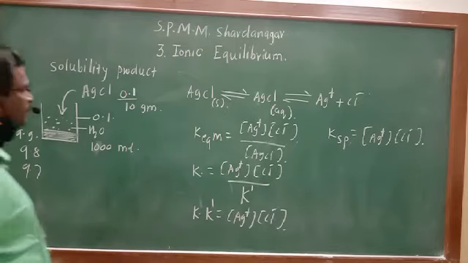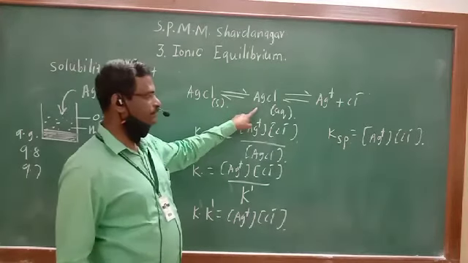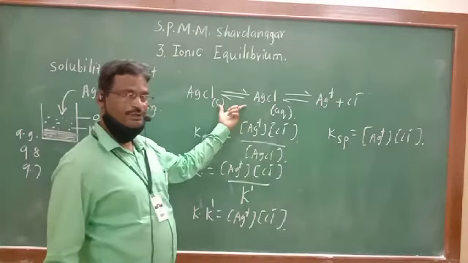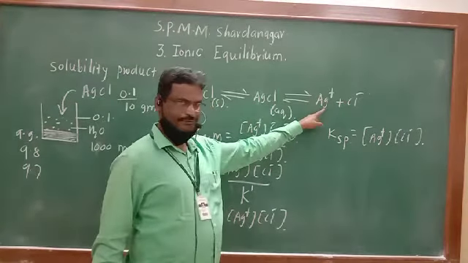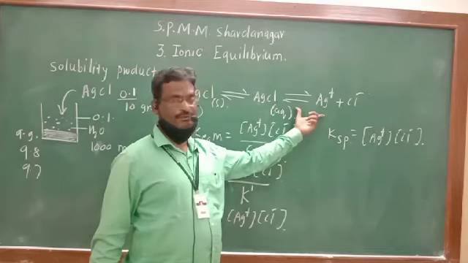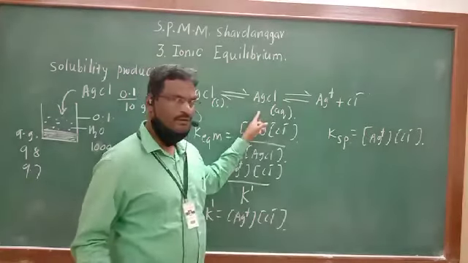Here, AgCl solid and liquid are in equilibrium with each other. Liquid and ions are in equilibrium with each other. Why are these in equilibrium with each other?